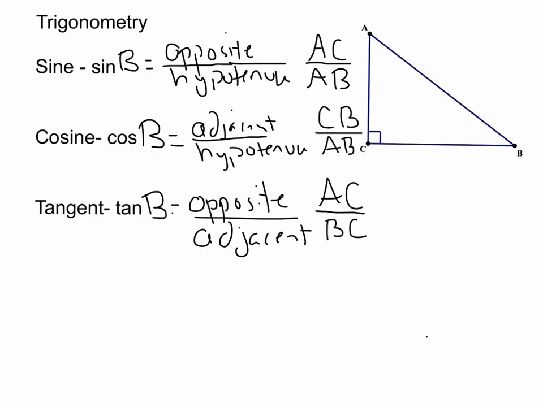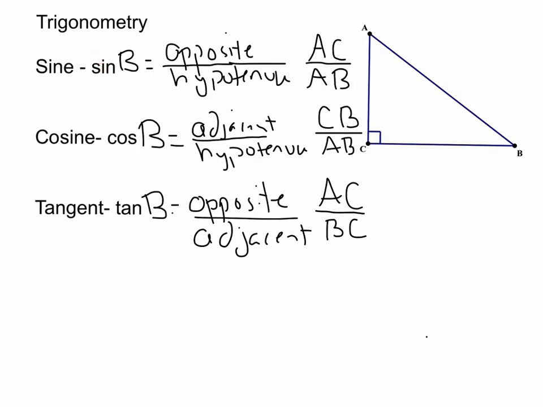Now we want to be able to remember the relationship between the trig function and the sides. We want to remember that sine is opposite over hypotenuse, cosine is adjacent over hypotenuse, and tan is opposite over adjacent for any test or quiz. An easy way to do that is to look at the first letter of our trig function and the first letter of each word in our ratio.